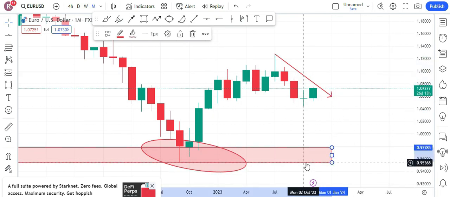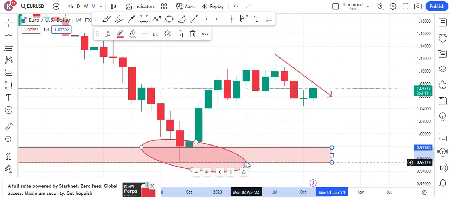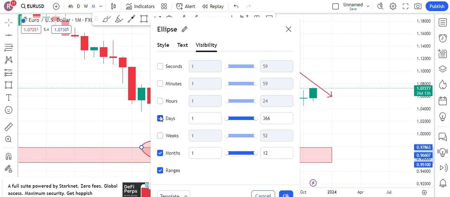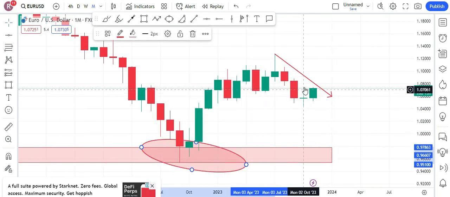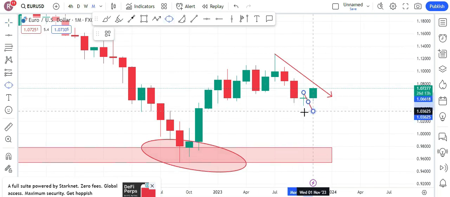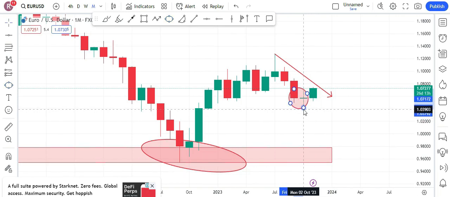This is the best we can see, that in the monthly time frame we have this information. And a vital piece of information here is that in the monthly time frame, the last month, October, has an indecision candle. This is an indecision candle, where we don't know where the market will go.